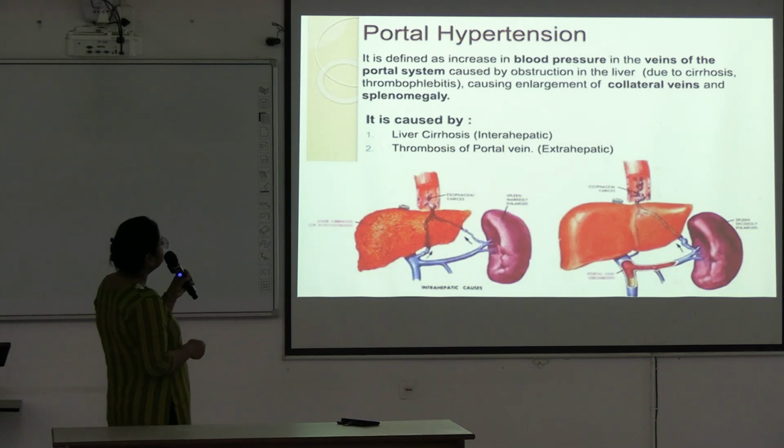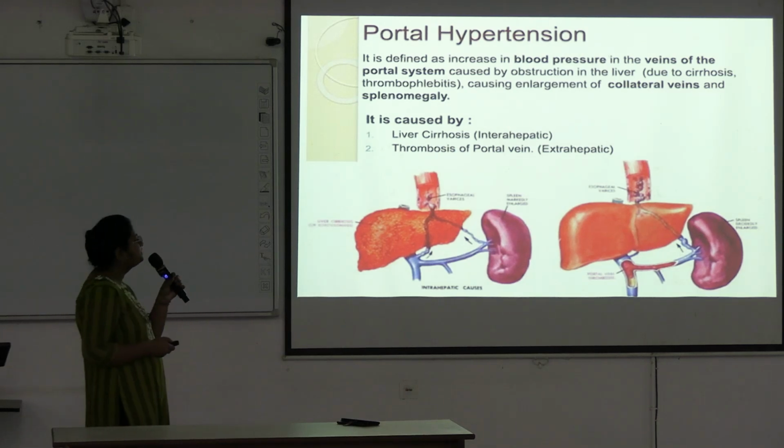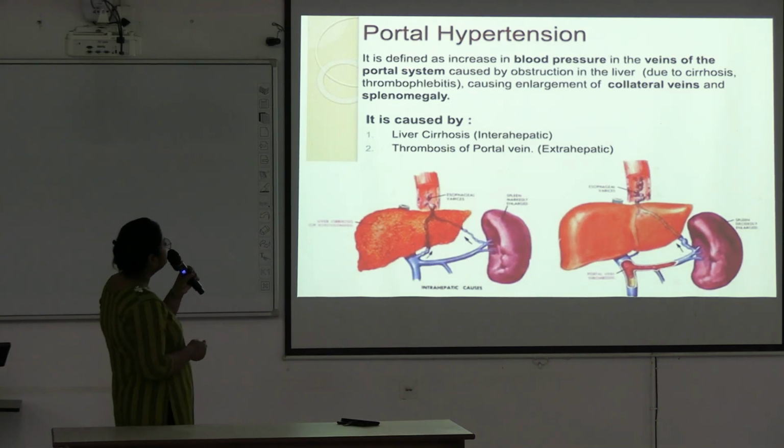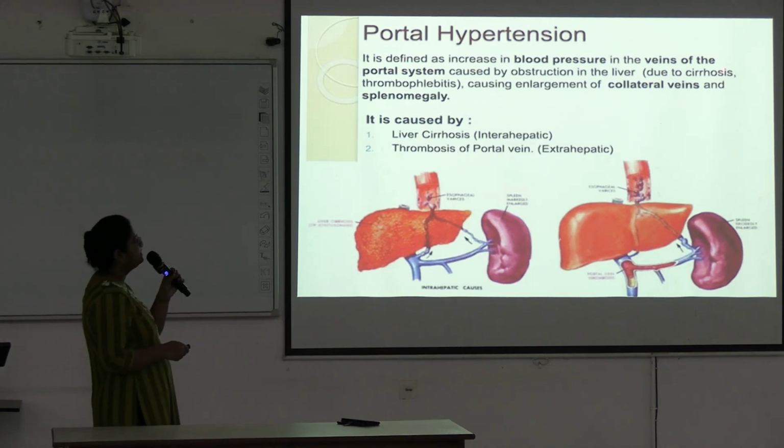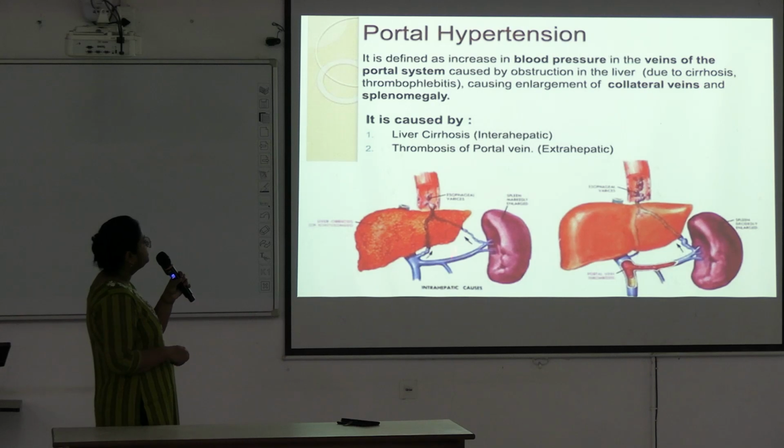Next we go to portal hypertension. What occurs in portal hypertension? Portal hypertension is defined as an increase in blood pressure in the veins of the portal system, and it is caused by obstruction in the liver. The obstruction within the liver may be due to cirrhosis or thrombophlebitis.